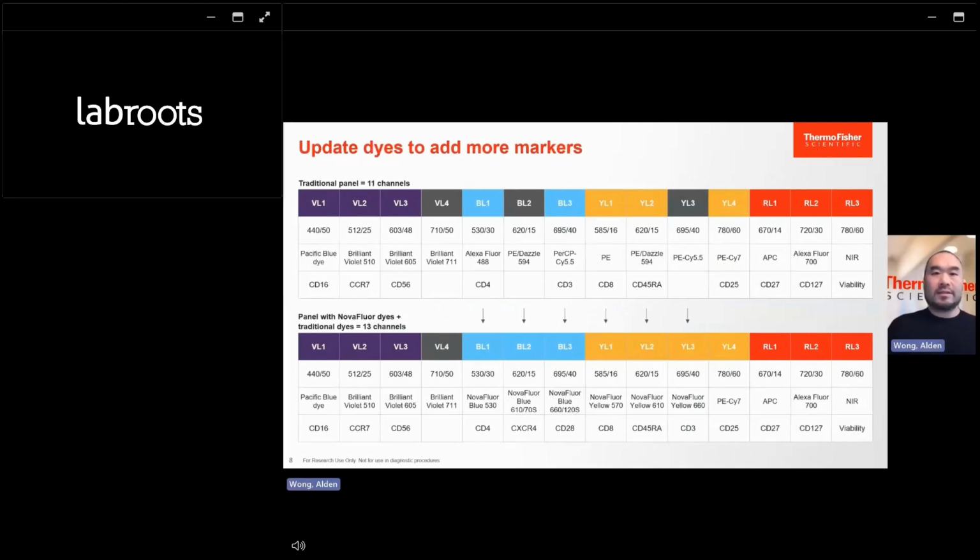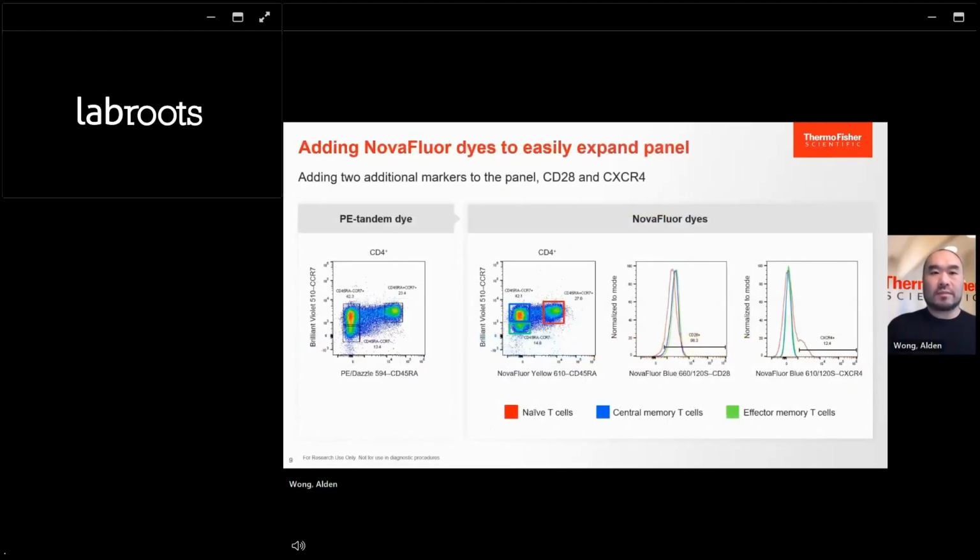We can update the dyes to add more markers. In this case, we're going to replace the PE Dazzle with 2 NovaFluor dyes. So this allows us to add 2 additional markers to the panel, CD28 and CXCR4, for further subset analysis.